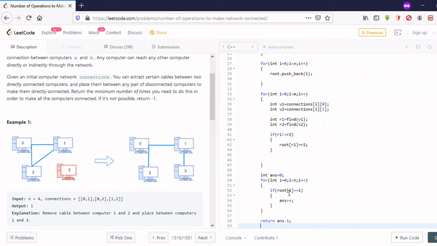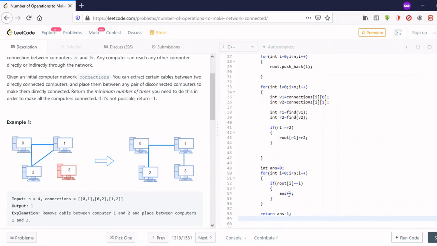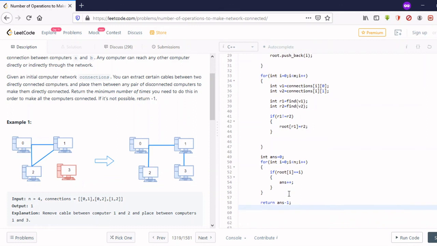It is definitely going to be 4, because either a vertex is going to represent itself as a root, or its parent vertex is going to represent itself as a root. So either way the answer will be the same, and the answer to this problem will be the number of connected components minus 1.